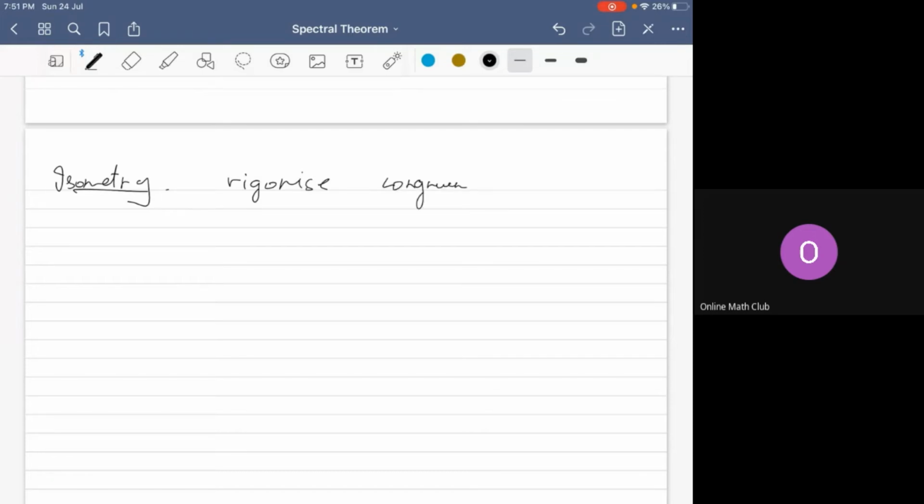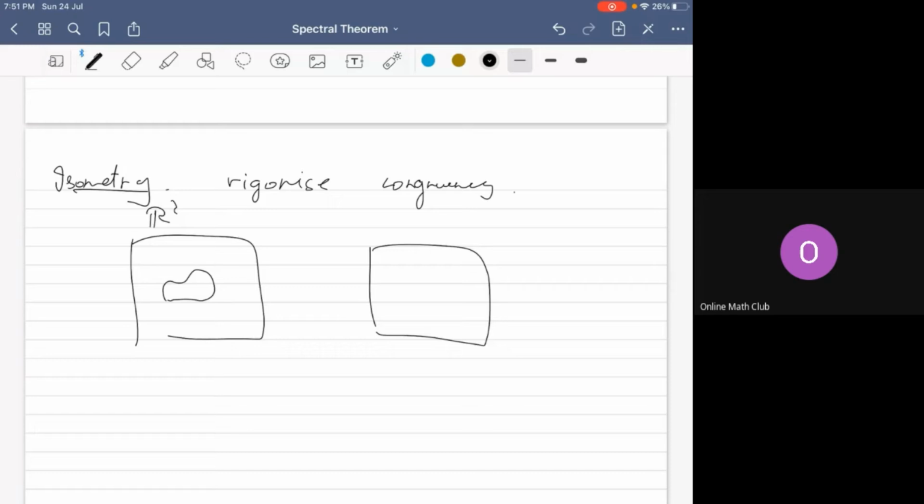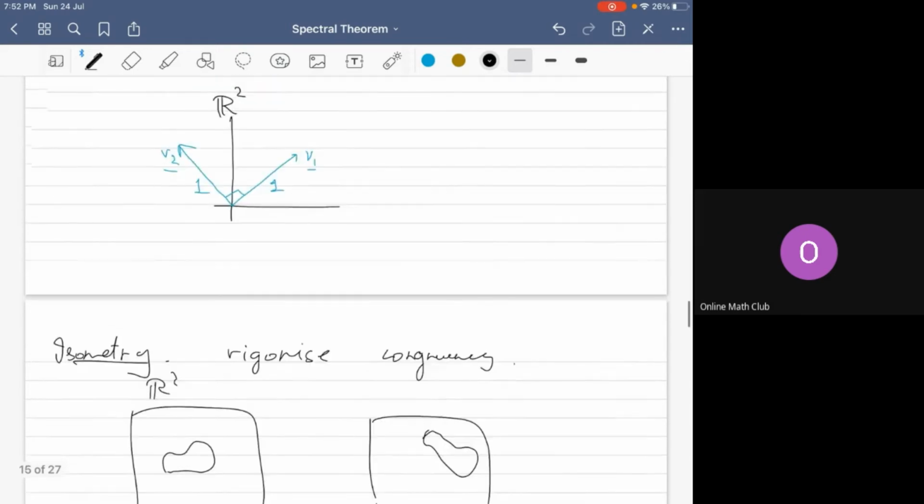In R square, when do you say that two shapes are congruent? We would rigorize this using isometries. And let's do this first.